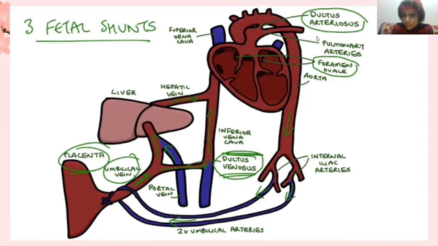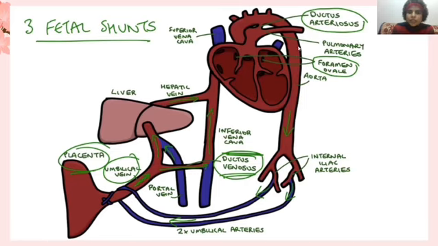This is known as the ductus arteriosus. When blood comes here, most of the blood, around 70 to 80%, goes into the aorta, and the remaining 20% goes to the fetal lung. The fetal lungs are not functioning, so they can survive on 20% of the blood.